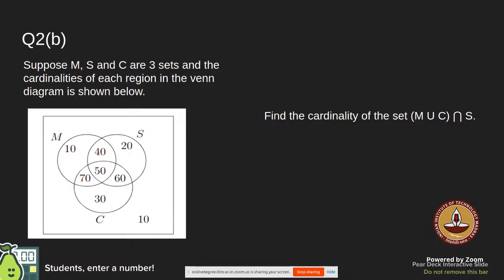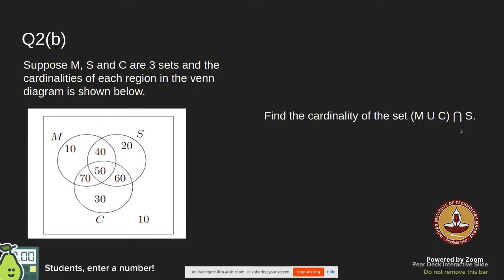M union C is 40 plus 10 plus 50 plus 70 plus 60 plus 30, that is 260.